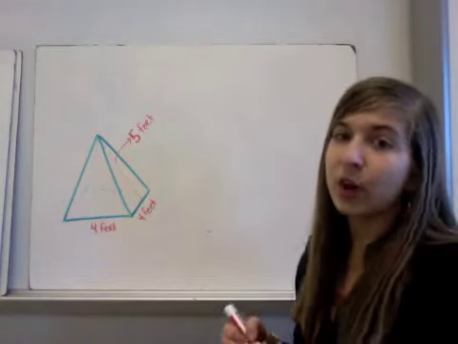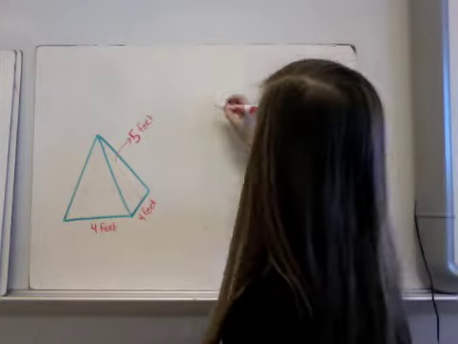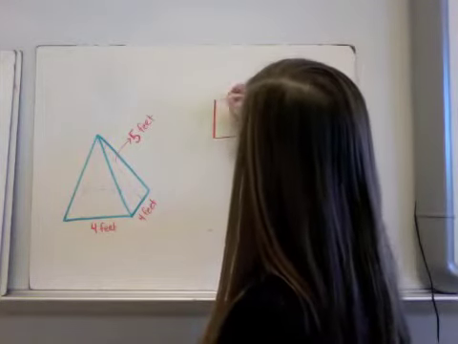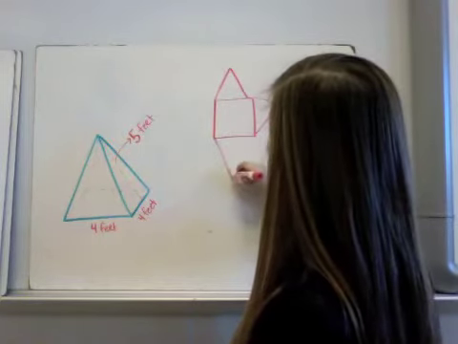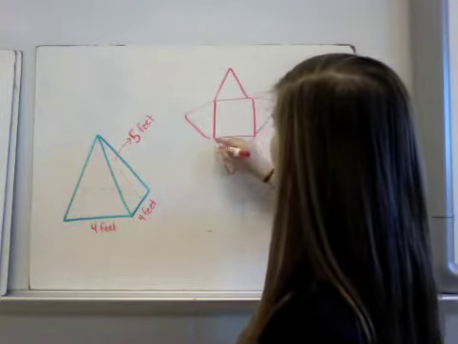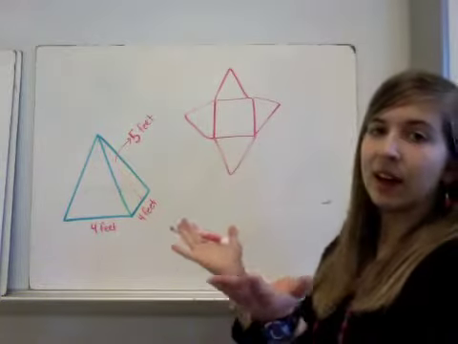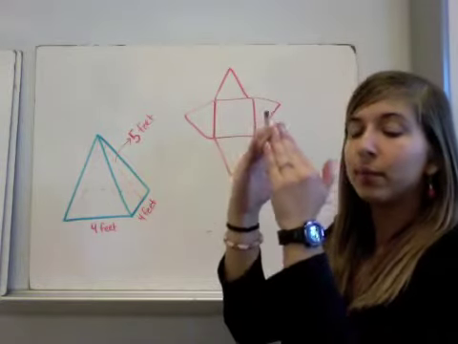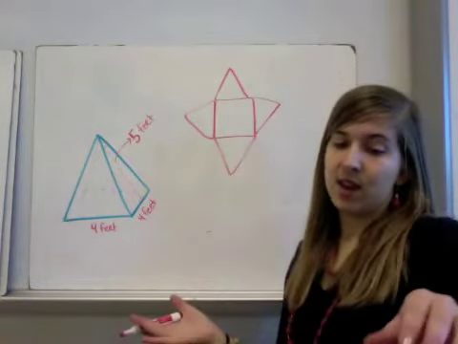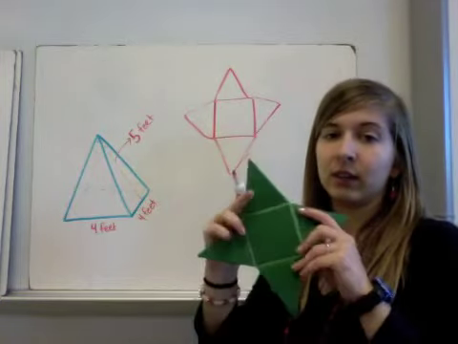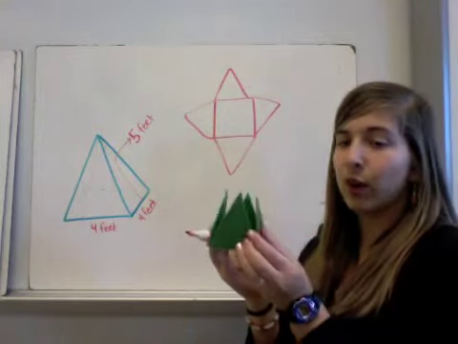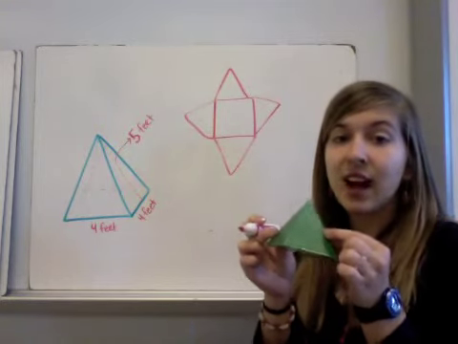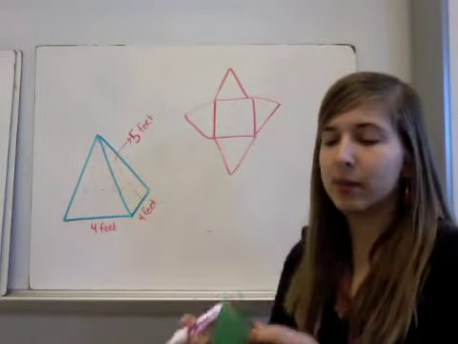So let's first draw a net of it to help us visualize. We have our square base. We have triangles from each side, and the triangles are going to fold up to make the pyramid. So here, this is a much better drawing, but the sides all fold up to give us the solid, which is a square pyramid.